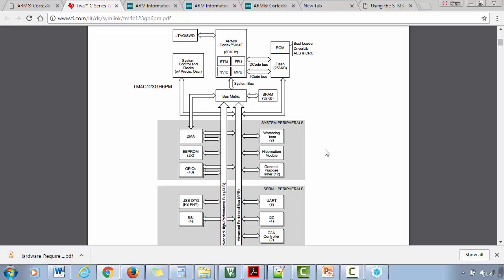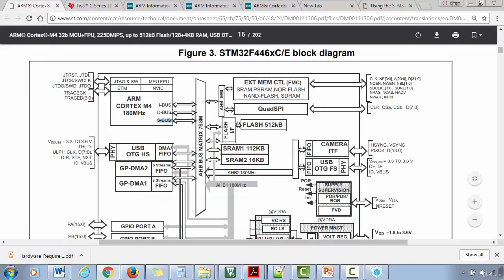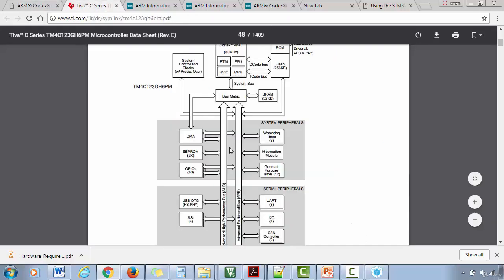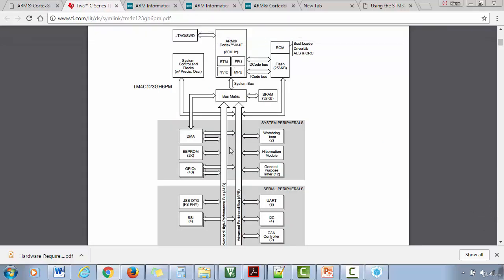It's because I cannot cover all the microcontrollers which are there in the market, right? I can only point you to the generic concept which you can leverage to understand your microcontroller. And as I compared these two block diagrams, they are almost the same. There are some minor differences, but the architecture is almost the same. Great.